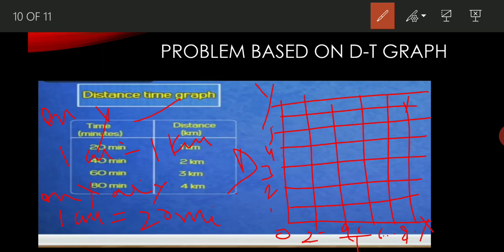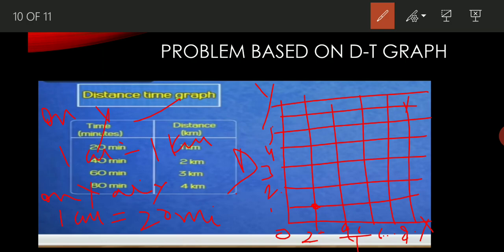Now we have marked the scale, and we have also put the values. Now we have to put the points and draw a line through the intersections. So first of all, we come to know that at 20 minutes the distance is 1 kilometer. This is the 20 and this is 1. We will put a dot here with a pencil. Now at the second kilometer it is 40 minutes.